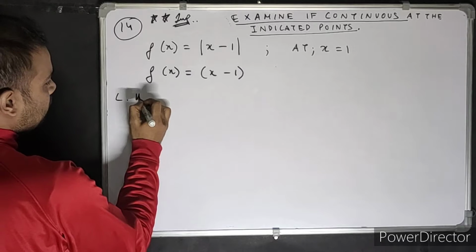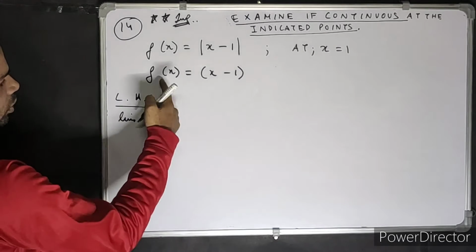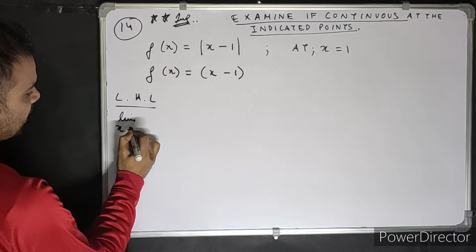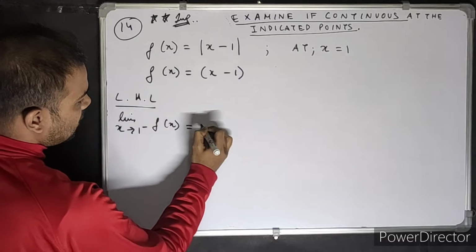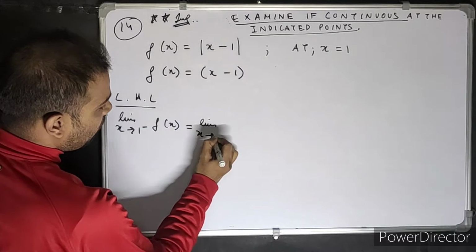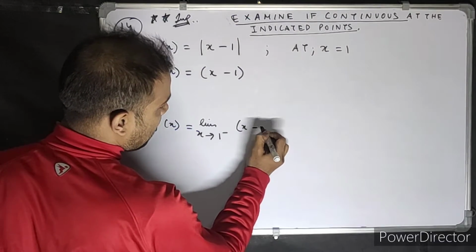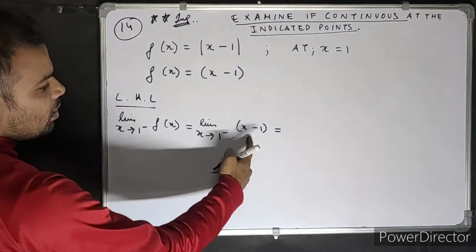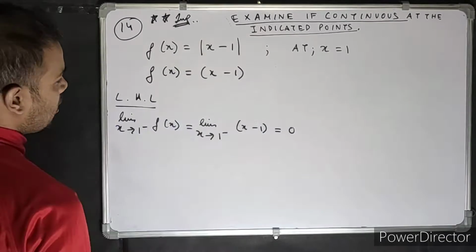So LHL, left hand limit. Limit of x tends to 1 negative, f of x is equal to limit of x tends to 1 negative, x minus 1. Now when you put 1 here, you're going to get 0, right? 1 minus 1, 0.